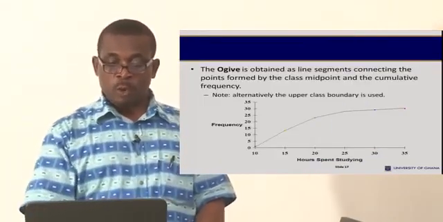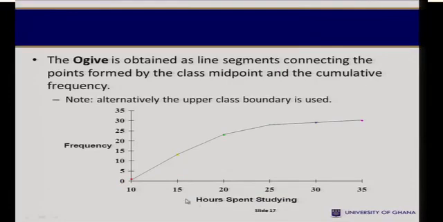Now you can see that on the horizontal axis, you represent the hours of studying, which can be done using the class midpoints or the upper boundaries. So as you can see, the midpoint for the first class is 10, and we had only one person, so this is your 1.